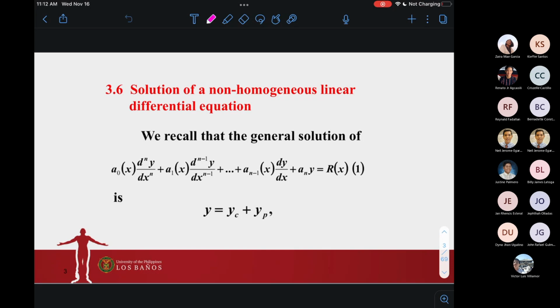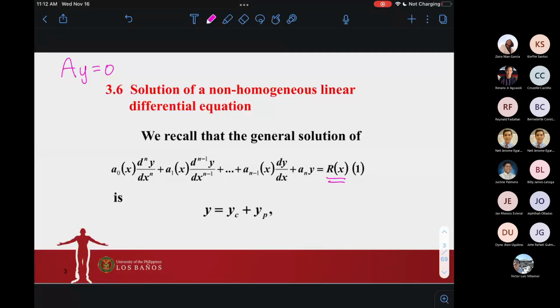So dun sa section 3.5, sinosolve natin yung operator A applied to y equal to 0, where A is a linear differential operator. Okay. Ngayon, ano yung mangyayari kapag hindi na homogeneous yung differential equation? Meaning, meron tayong r of x dun sa right-hand side, where r of x is not identically 0 over the entire interval.